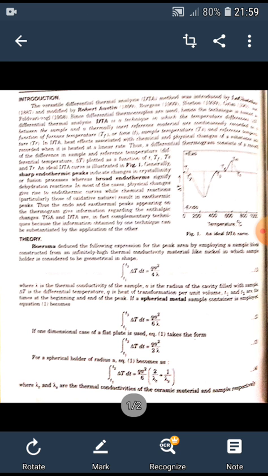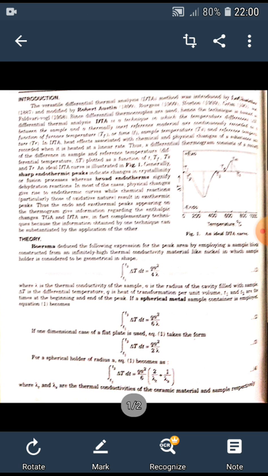If a spherical metal sample container is employed, the above equation becomes integration from T1 to T2 of delta T dt equals Qa squared upon 6 lambda. And in the case of a one-dimensional flat plate, the 6 lambda modifies to 2 lambda.